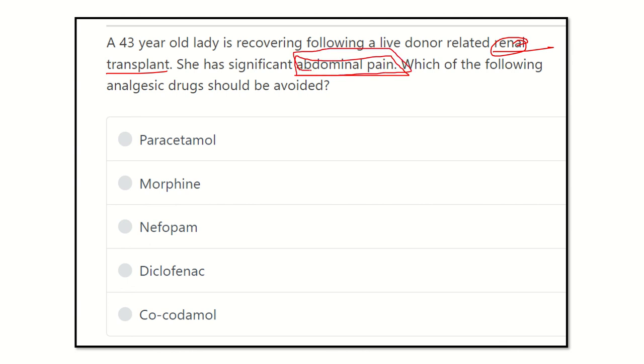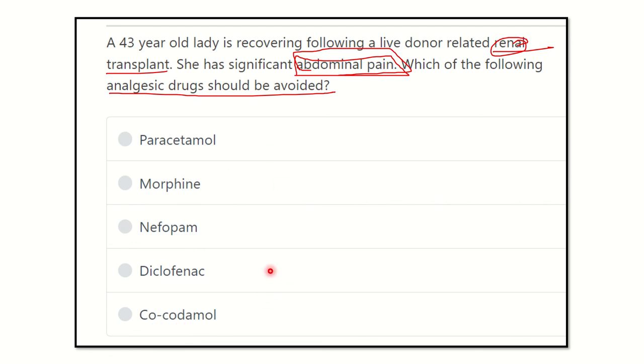For abdominal pain, we have to choose a painkiller to reduce the pain of the patient. Which of the following analgesic drugs should be avoided? Here there are different options: paracetamol, morphine, nefopam, diclofenac, codamol.